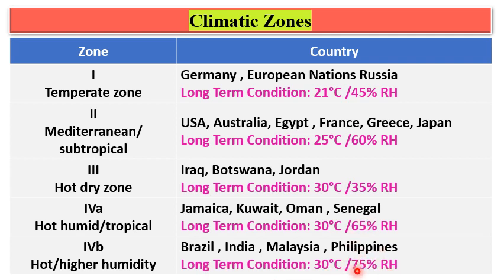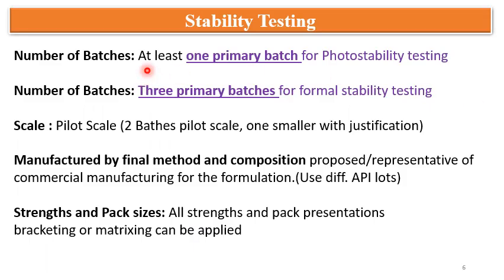So if you do the long term stability at 25/60, 30/65 and 30/75, you can cover the entire regions or many of the countries.